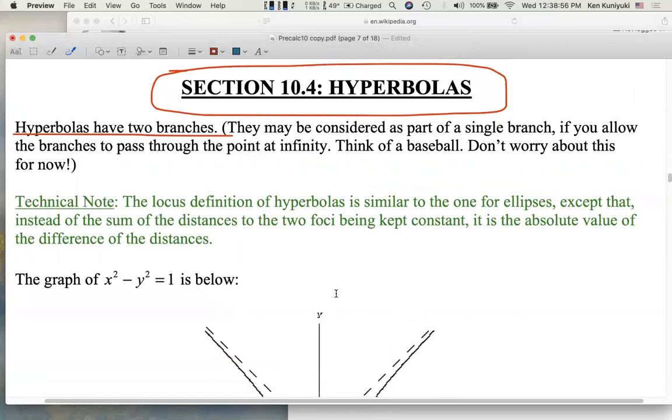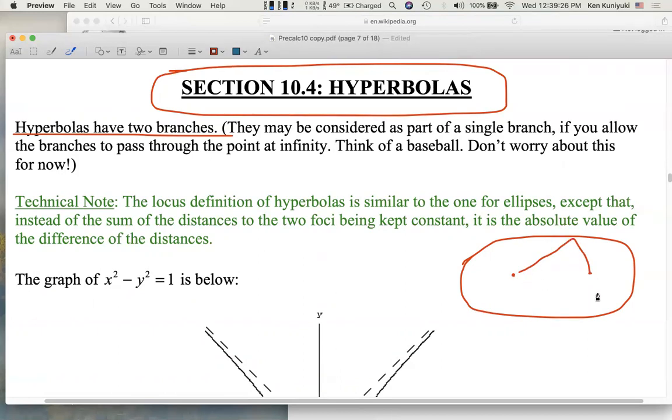Now, let's talk briefly about the locus definition of hyperbolas, the geometric definition. So we talked about the locus definitions for circles, ellipses, and parabolas. Now, the locus definition for hyperbolas is similar to the one for ellipses. Remember, the locus definition for an ellipse said that an ellipse consists of the set of all points whose sum of distances from two fixed points, which we call foci, remains the same.